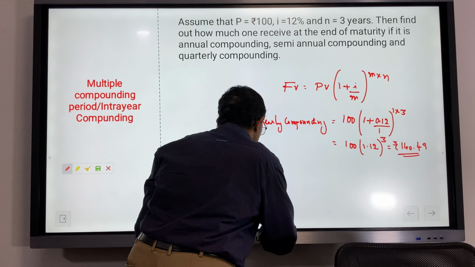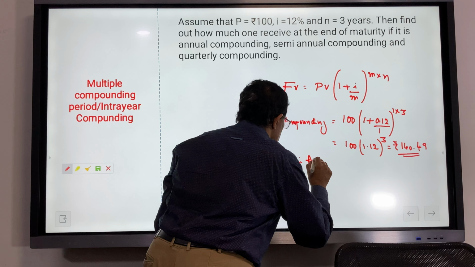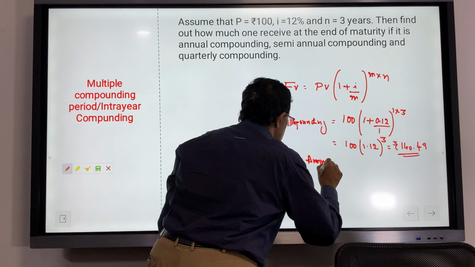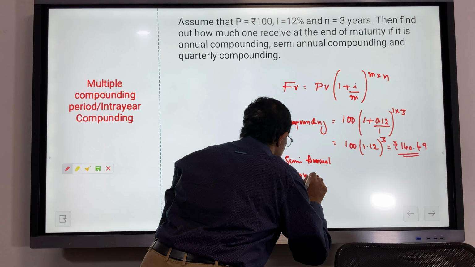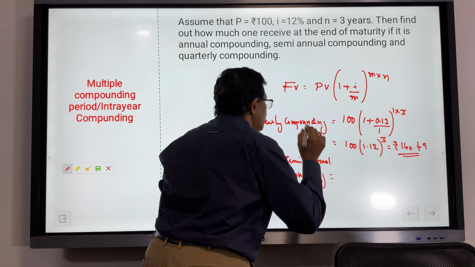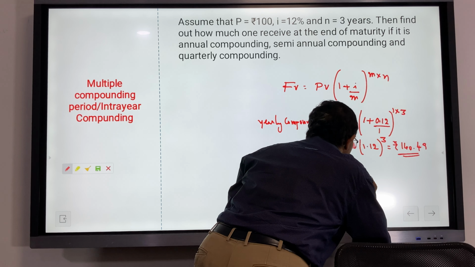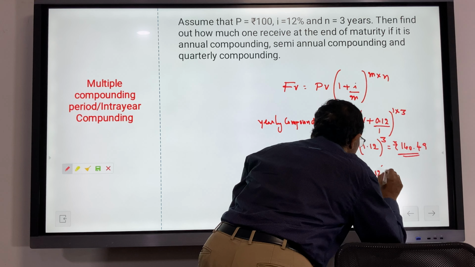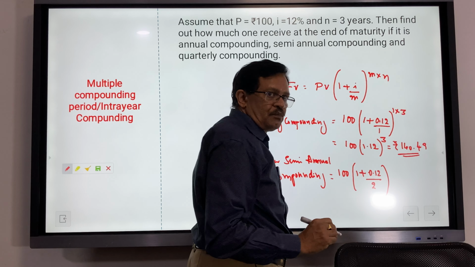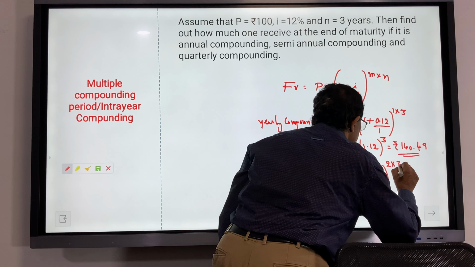So under semi-annual compounding, amount will be equivalent to, principal is one and the same, 100 into 1 plus 0.12, here the number of periods is 2, then to the power of 2 into 3.